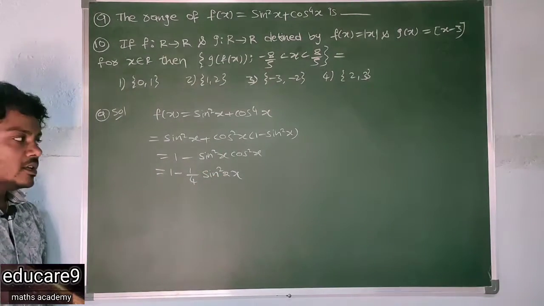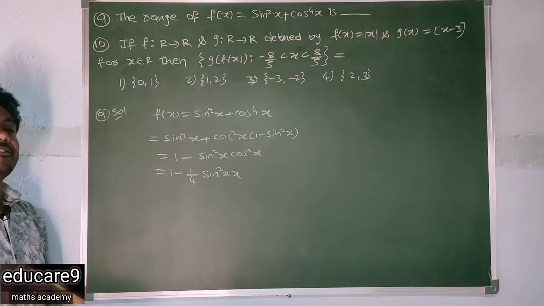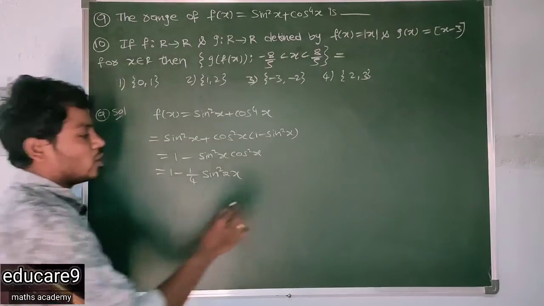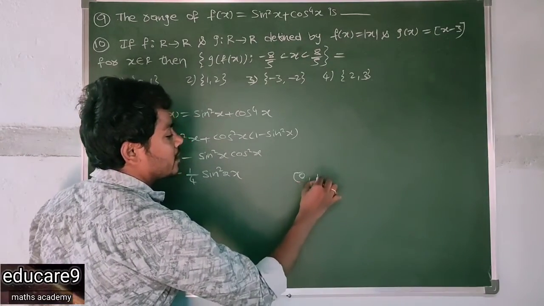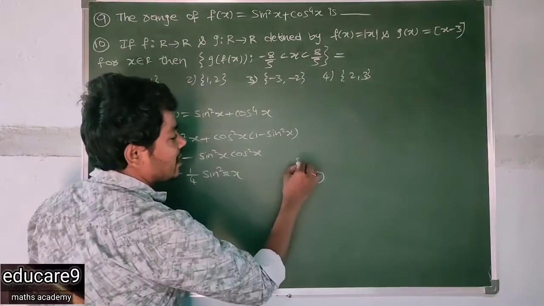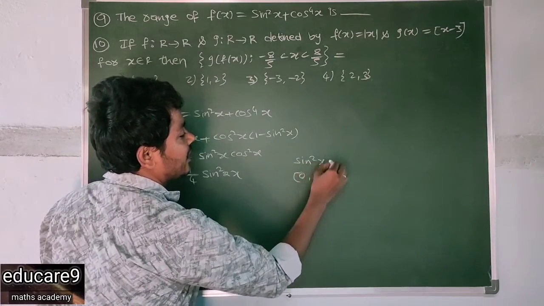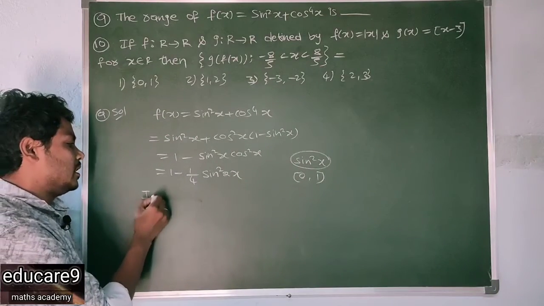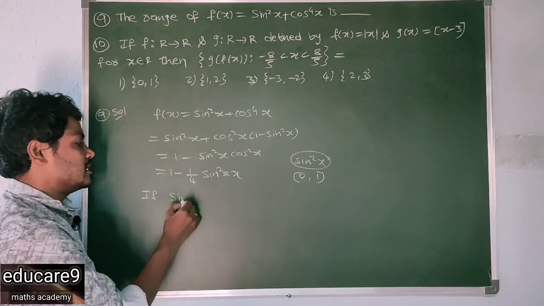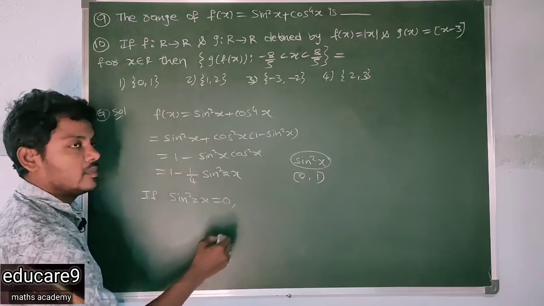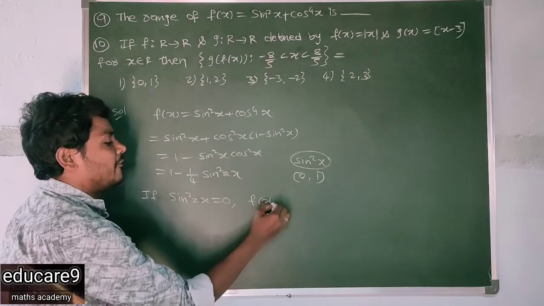Okay. So you know the range of sin square 2x. What is the range of sin square 2x? Closed interval 0 to 1. So first you put 0. If sin square 2x is 0, then f of x is 1.